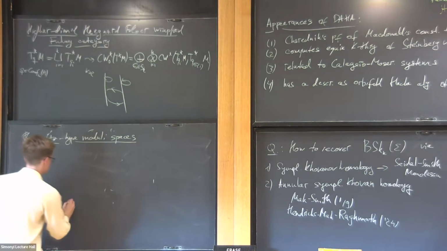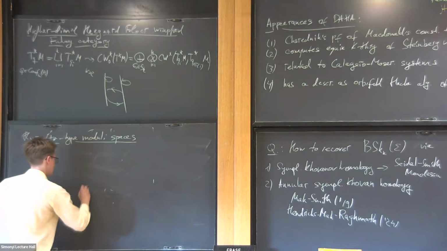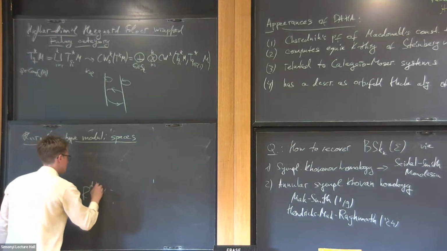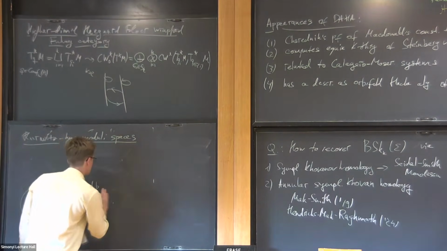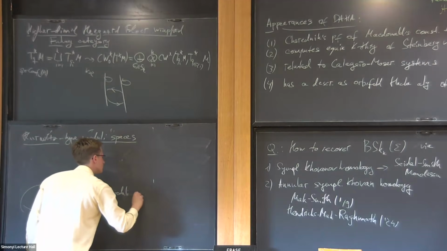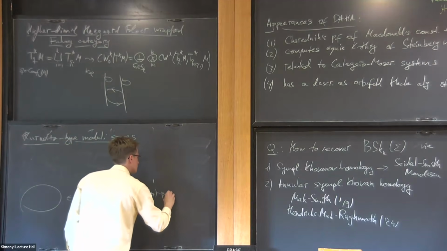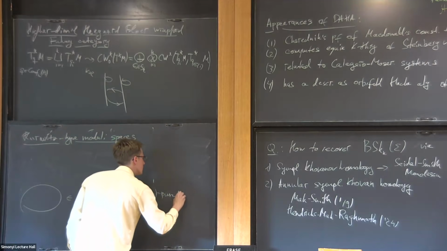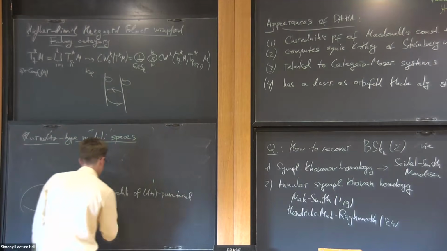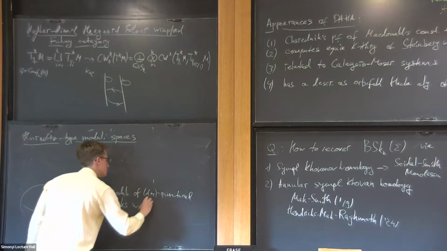So first, let me denote by R_{d,B} the moduli of d+1 punctured disks with B markers.